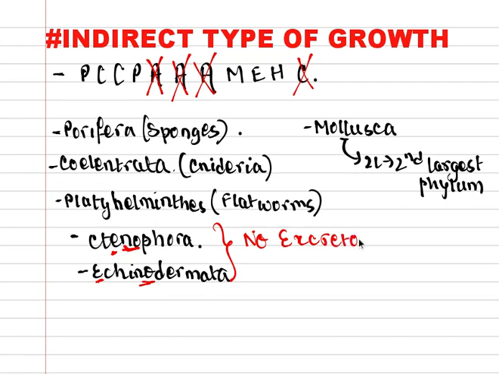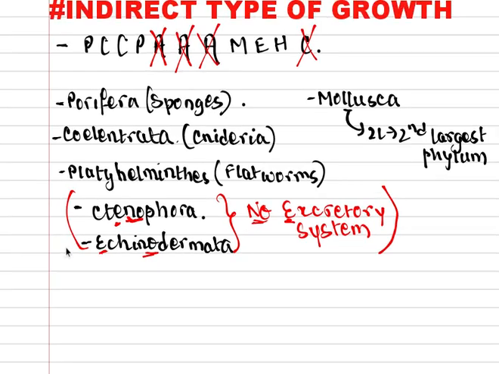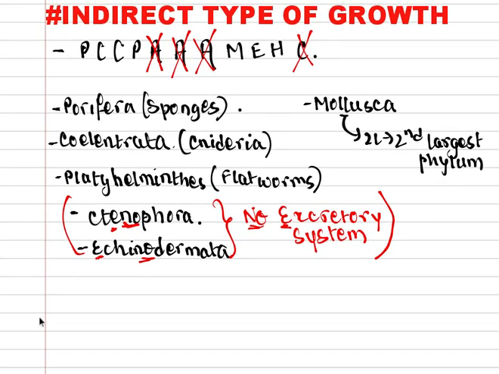Only these two phylums don't have an excretory system. They have no E, no and E. From here you can remember very easily, you don't even need to memorize this. In this way, you can study joyfully, and without hard work, things will get done.